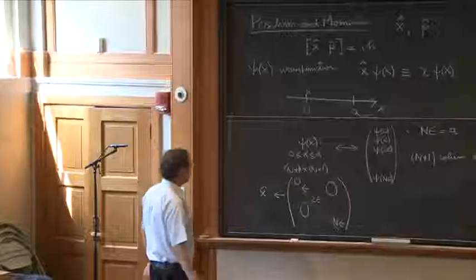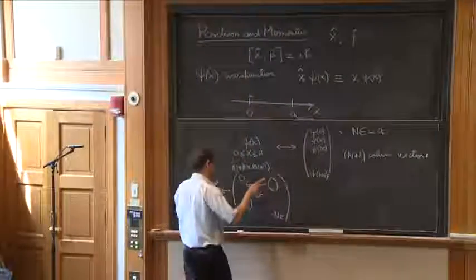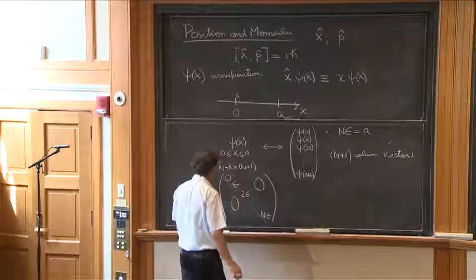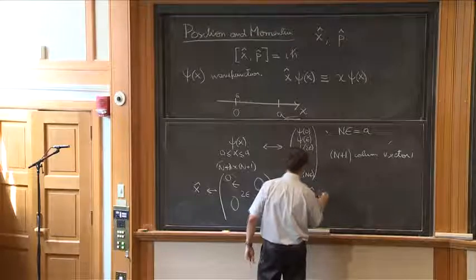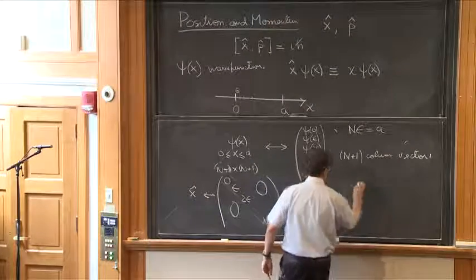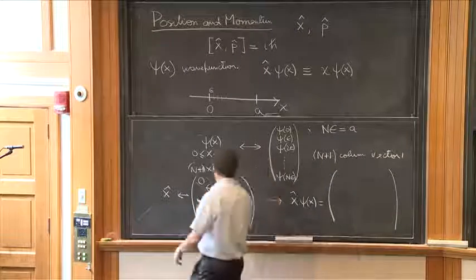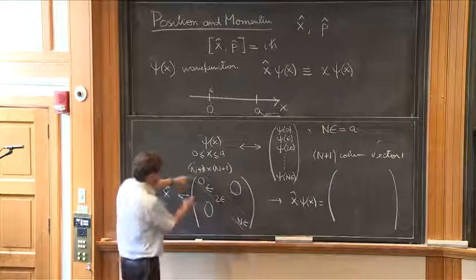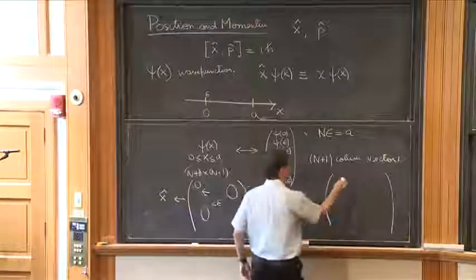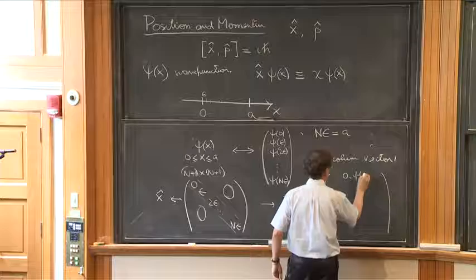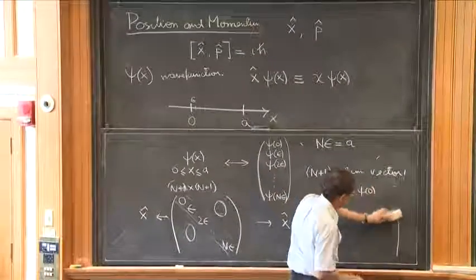And how do we check that? Well, x operator acting on psi should be this acting on that. And then, indeed, we see that if x hat is acting on psi of x, what do we get? Well, it's easy to multiply a diagonal matrix times a vector. Here you get 0 times psi of 0. You get a vector, so let me make this thinner.